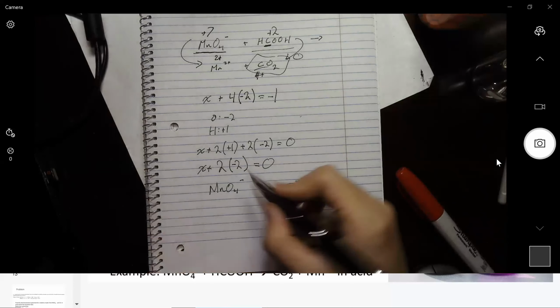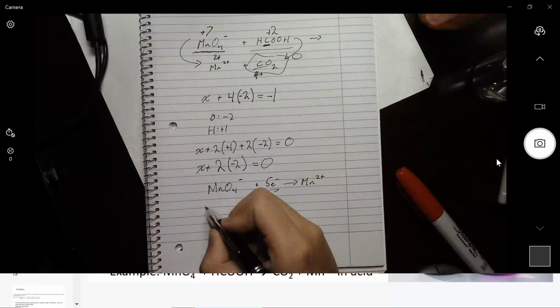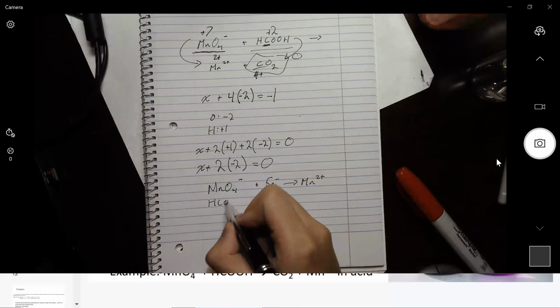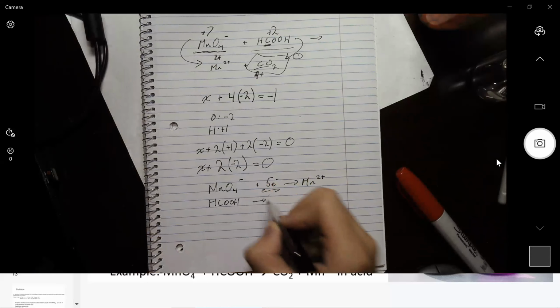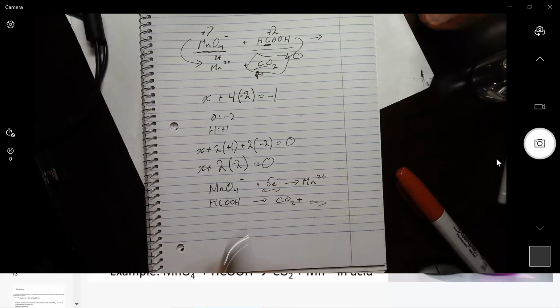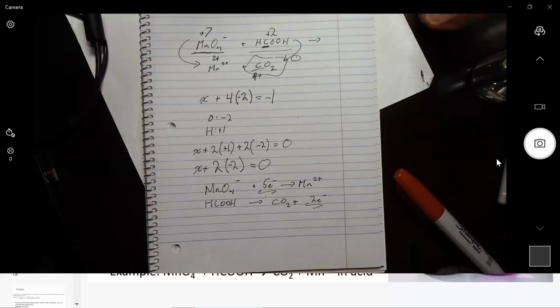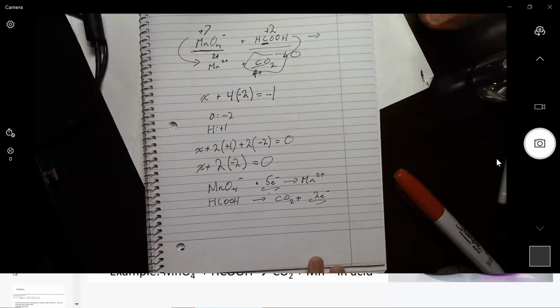Right, 5 electrons. And here, what goes in this blank? 2 electrons, great.